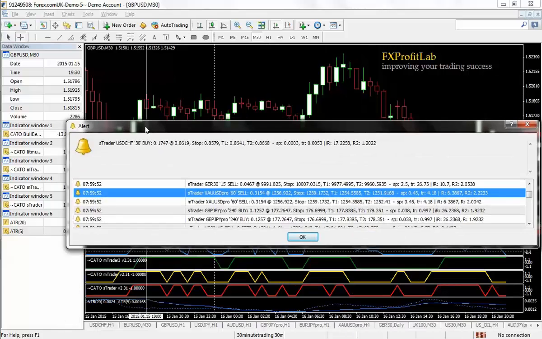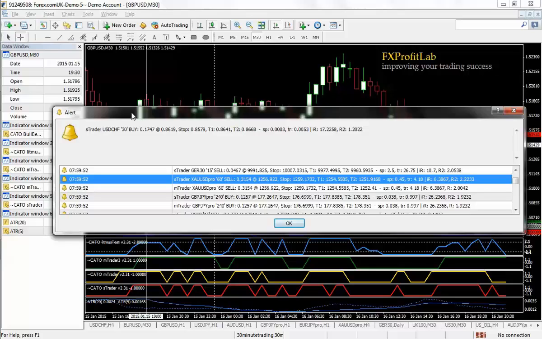So I'll come back to this, any one of these, all right? Like I said, it doesn't necessarily say it's definitely going to happen. All it says is, here's a trade alert. Here's S trader on gold, okay? It's a 60-minute candle, and it says sell 0.3154 lots.